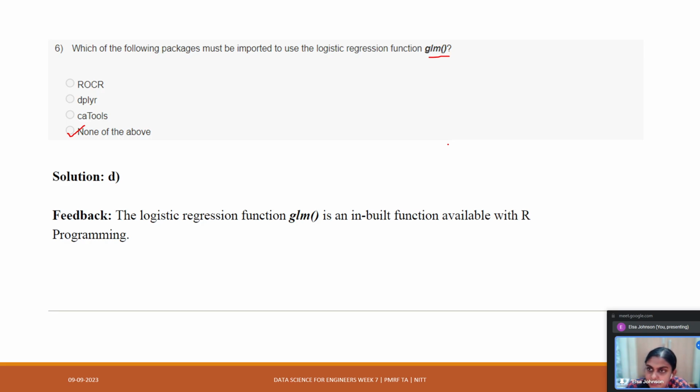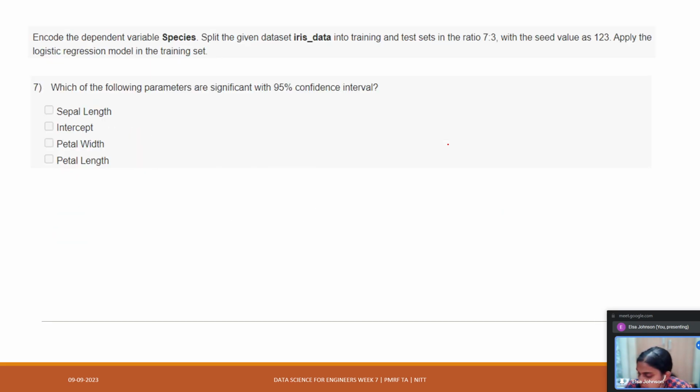Okay, next one: encode the dependent variable species, and split the given iris dataset into training and test sets in the ratio 7:3. First they are asking us to encode. Species right now is given as three things: Setosa, versicolor and virginica.